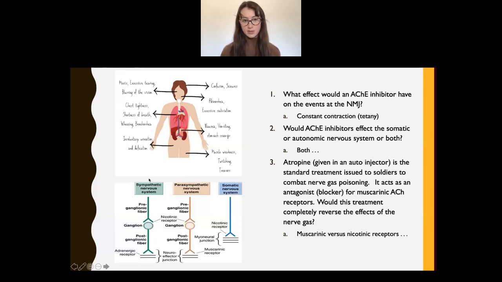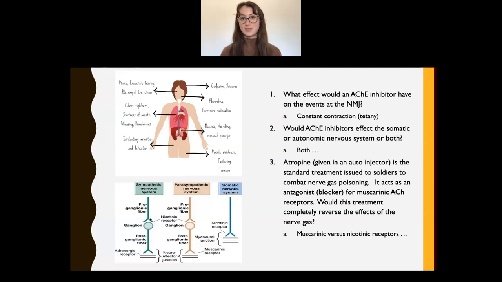And then in the sympathetic nervous system, acetylcholine molecules are being released from only the pre-ganglionic fiber. So we would see, yes, acetylcholine esterase inhibitors will have an effect anywhere where there is acetylcholine and acetylcholine esterase. So yes, indeed, we will see that ACHE inhibitors work both on the somatic nervous system and the autonomic nervous system.